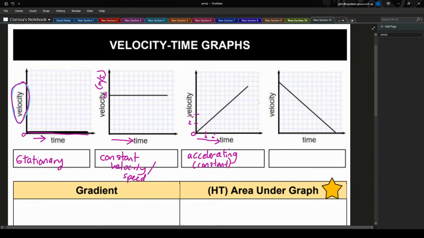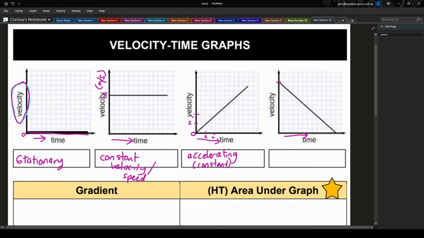Now, you can probably already guess the next shape and what it means. Time is increasing, and velocity, you'll notice, is dropping. It's going downwards, slowly down as time increases.